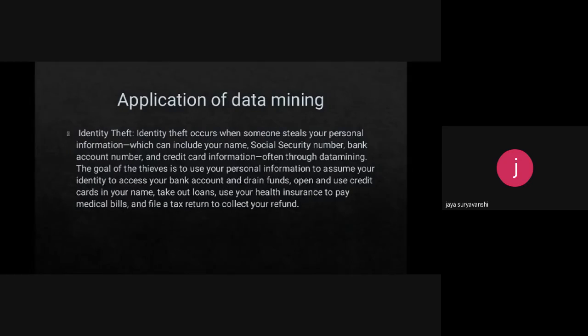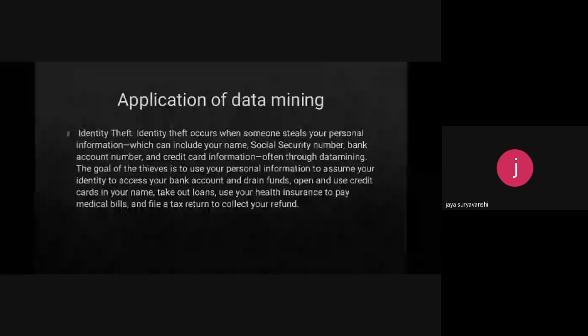Often through data mining, the goal of the thieves is to use your personal information to assume your identity to access your bank account and drain funds, open and use credit cards in your name, take out loans, use your health insurance to pay medical bills, and file a tax return to collect your refund.